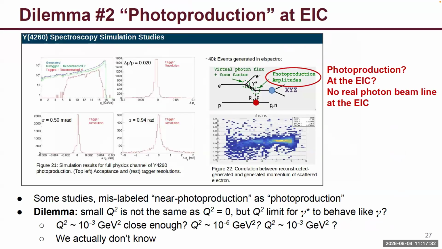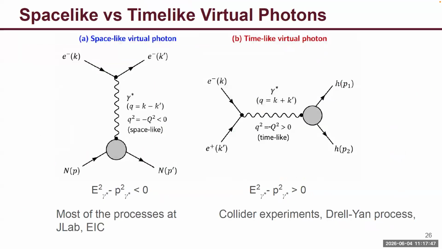So here is an example of a professional EIC expert question. Is there a reason why in DIS we always choose a time-like virtual photon, or is it just a convention that we have taken? So in DIS, depending on what experiment you are looking at, the time-like virtual photon is almost always in the annihilation processes.